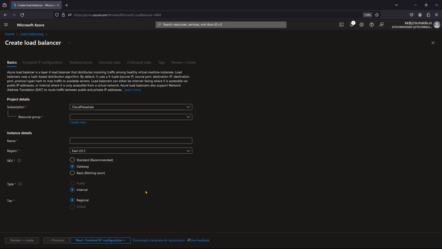So how to resolve it? Generally, by default, the load balancer blocks internet access for the backend pool virtual machines for security reasons, guys. That is expected. And for that, we should go with one thing.